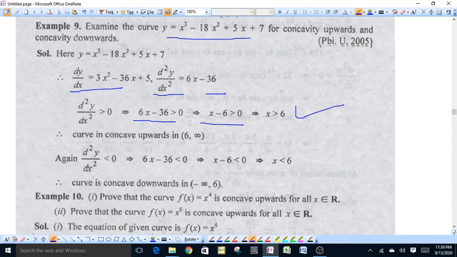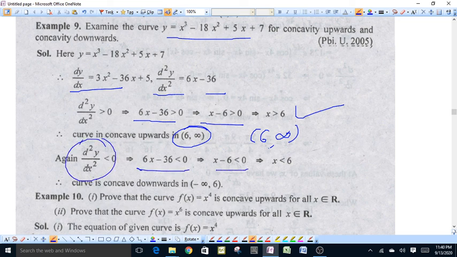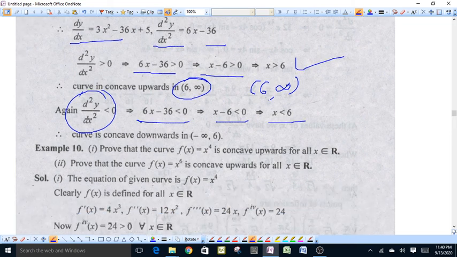This means curve will be concave upward in the interval 6 to infinity, because x is greater than 6, not equal to 6. For this we take an open interval 6 to infinity. Second order derivative will be negative for x less than 6. This means curve is concave downward in the interval minus infinity to 6.